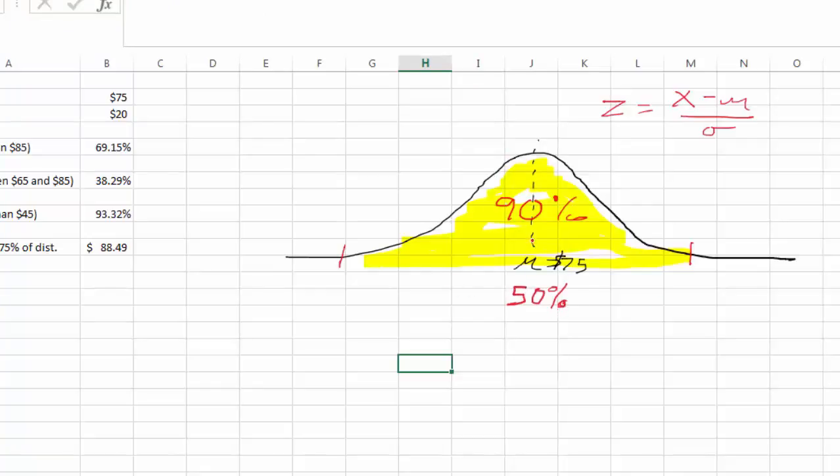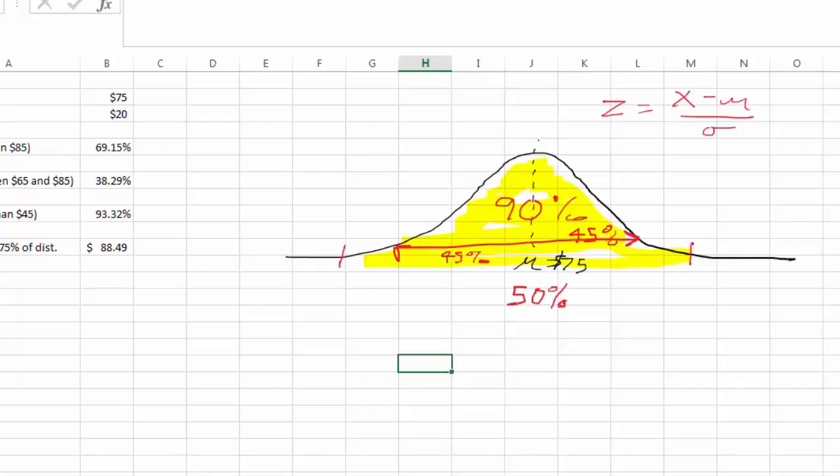So if I want the middle 90%, I'm basically going from the mean and finding 45% on the right and 45% on the left. So I'm looking for a chunk that's 45% on the left-hand side of the mean and a chunk that's 45% on the right-hand side of the mean.